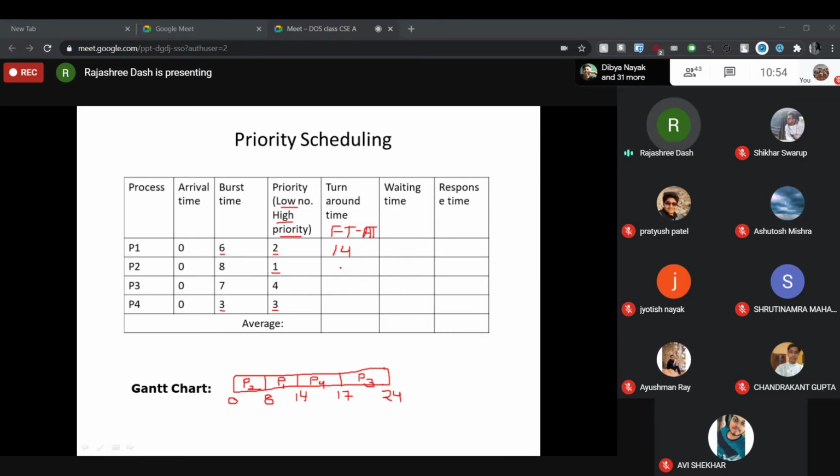For P2, 8 minus 0, that is 8. For P3, 24 minus 0, that is 24. For P4, 17 minus 0, that is 17. So what is the average? Calculate the average.